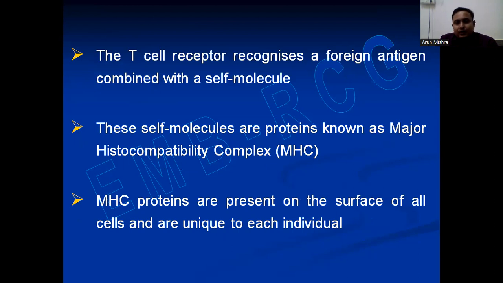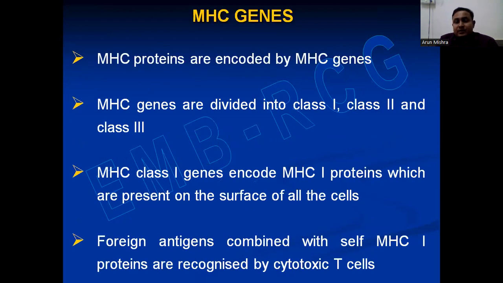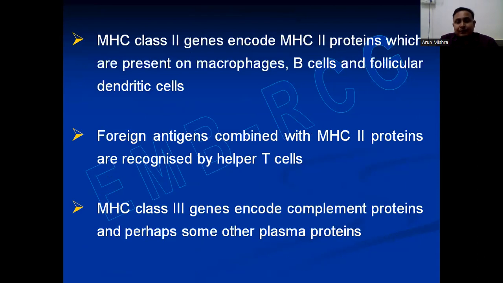The MHC proteins are present on the surface of all the cells and are unique in each individual. MHC proteins are encoded by MHC genes. MHC genes are divided into class 1, 2, and 3. The class 1 genes encode MHC class 1 proteins, which are present on the surface of all the cells. Foreign antigen combined with self MHC1 proteins are recognized by cytotoxic T cells.